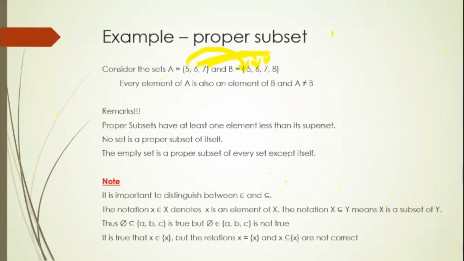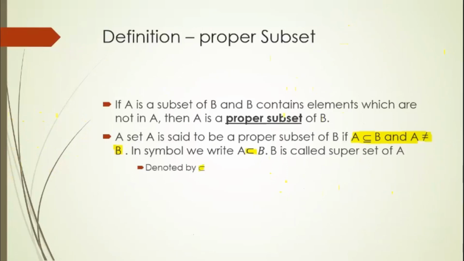So we can say that A is a subset of B. And you would also notice that we have an extra number here, which is 8 in set B. So let us read this again.